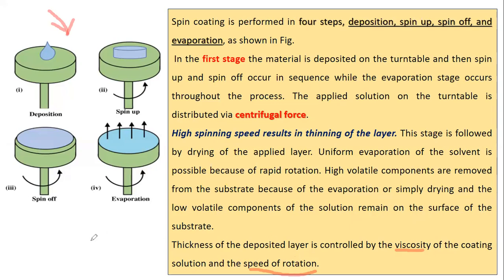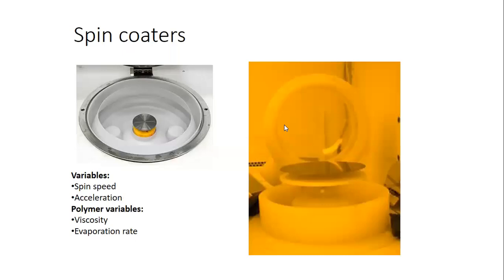Keep in your mind that if you increase the rotation speed of that spin coater, the thickness decreases, and if you decrease the speed of rotation, the thickness increases. So this is all about the working parameters of thin film. Now look at the images of how the spin coating system exactly looks.